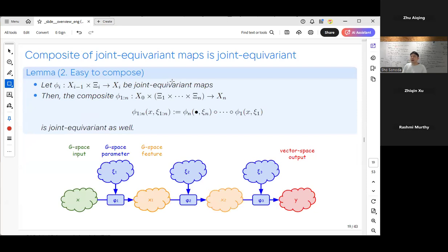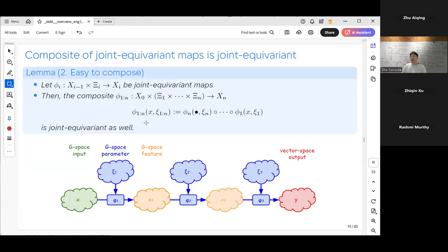And another nice thing is that suppose we have n joint equivariant maps, then the composition of those n equivariant maps is again joint equivariant.